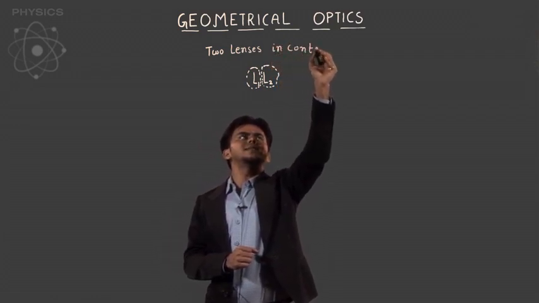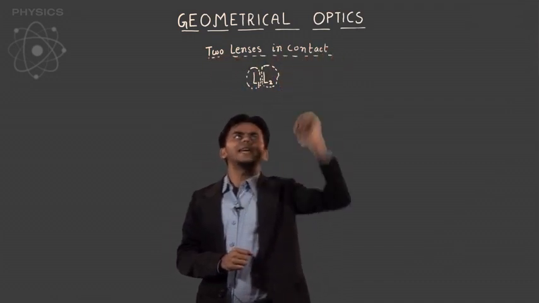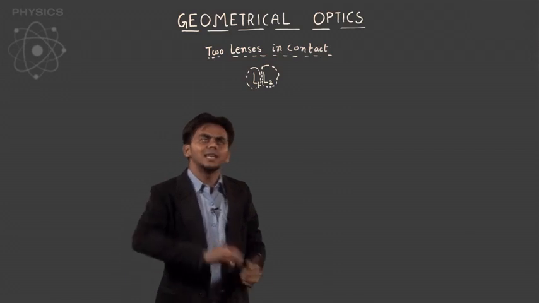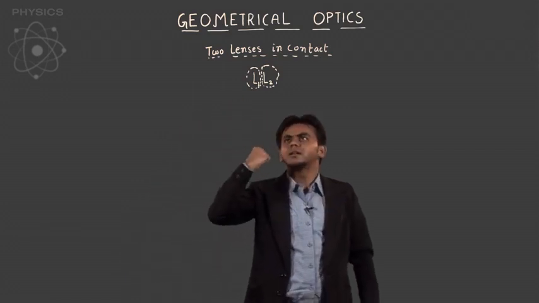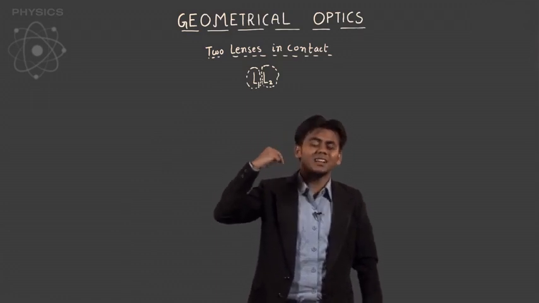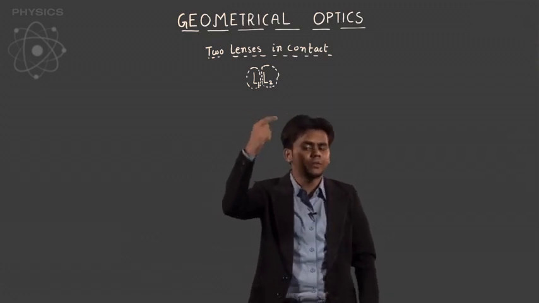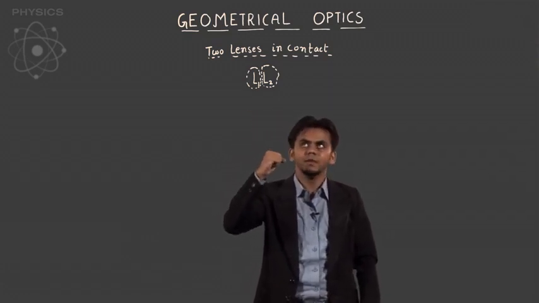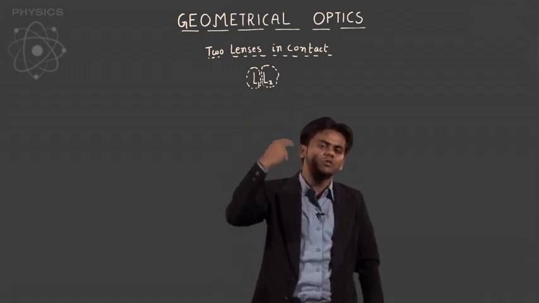So when you have two lenses in contact, I can use the same underlying logic that lens 1 would refract my rays of light and produce an image. That image would be an intermediate image because I also have a lens 2 to further refract the rays, which means lens 2 would give rise to a new image, the final image.